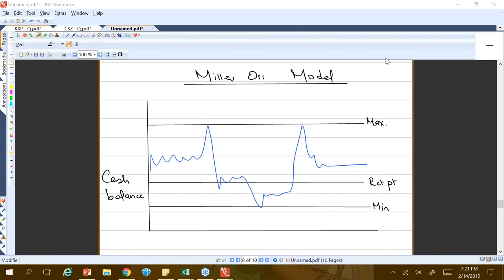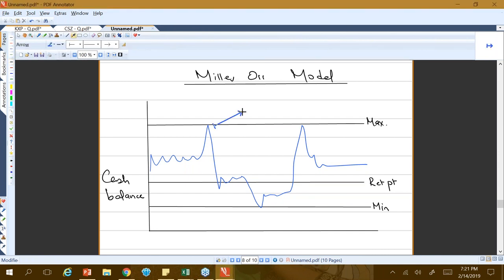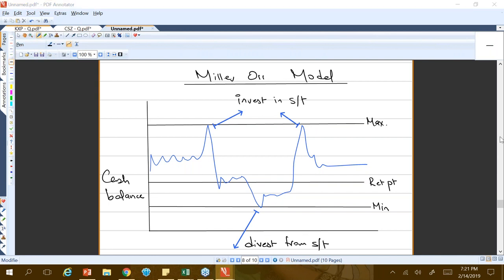Yes, good points. So the maximum limit is a point where, if your cash hits it, you invest in short-term markets. And when your cash hits the minimum limit, you divest from the short-term markets. Why do we set these limits?